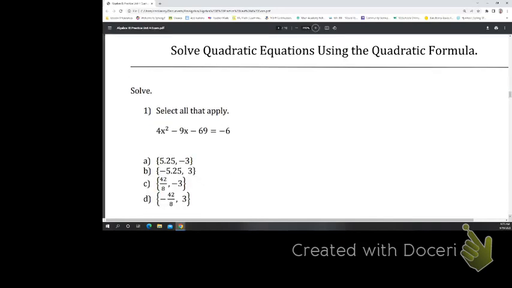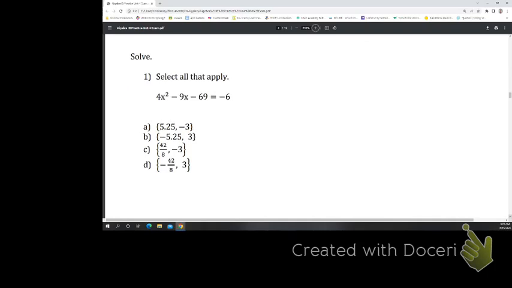And then only 1 question needs to be done on this page because quadratic formula takes a while. And if something says select all that apply, you should anticipate that there's more than one of the answers that are correct. And so quadratic formula is on the board. Remember, first we have to have it set equal to 0.